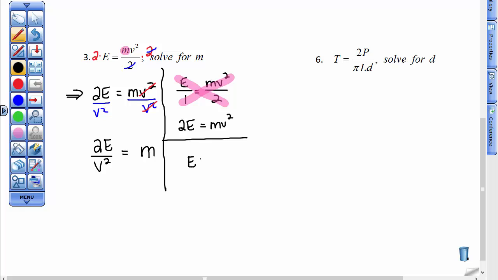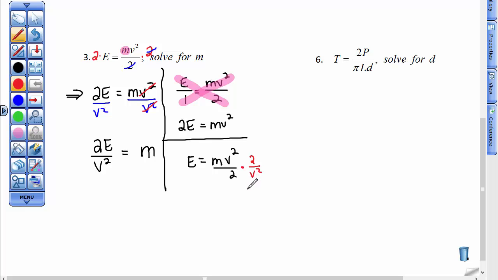So e equals mv squared over 2. I'm going to put that 2 kind of under this v squared. I want to get m alone, and some people look at that v squared over 2 and say to themselves, well, let's just multiply by 2 over v squared, which is the reciprocal of v squared over 2. If you multiply by 2 over v squared, then all of this becomes 1, and it's gone.